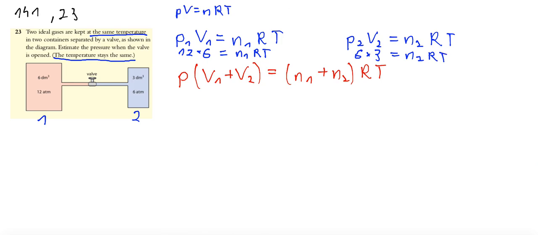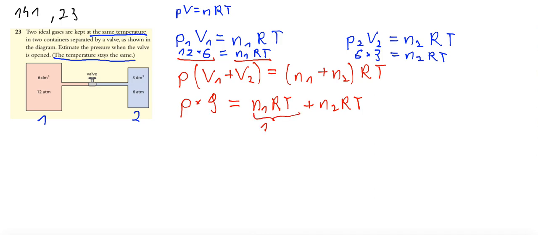So let's back to this huge equation. Let's write left hand as pressure, we don't know, times volume. Volume is the sum of 6 and 3, so it is 9 in decimeters cubed. Is equal to, I'm going to eliminate bracket, the right hand of this equation, so N1 RT plus N2 RT. But N1 RT is 12 times 6, and N2 RT is 6 times 3.